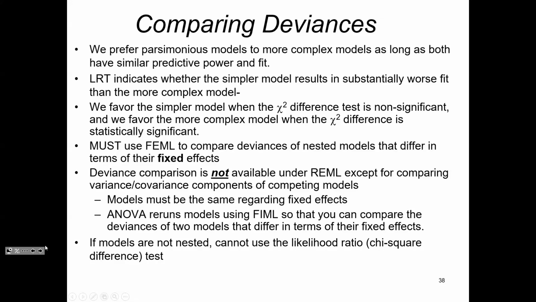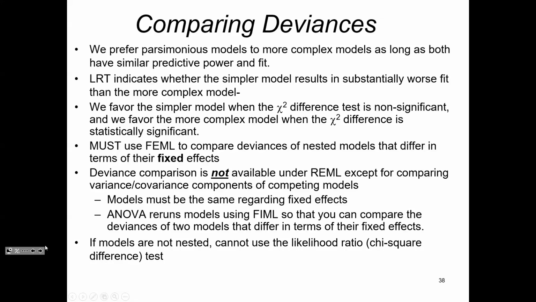You can compare two nested models that differ in their fixed effects, their random effects, or both. If you've changed the random effect structure, which changes the structure of your variance covariance matrix, and you haven't messed with the fixed effects, you can compare the deviances that are generated using REML.